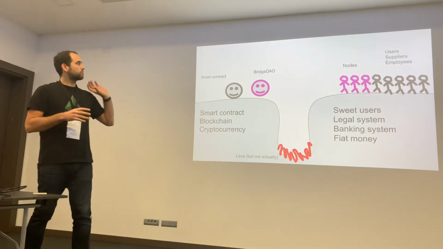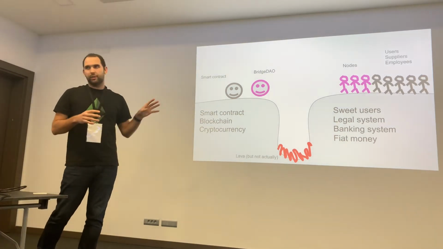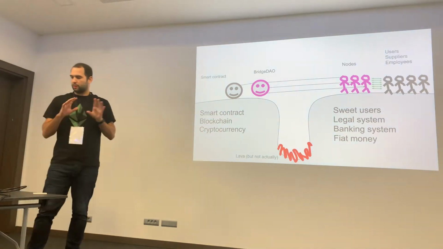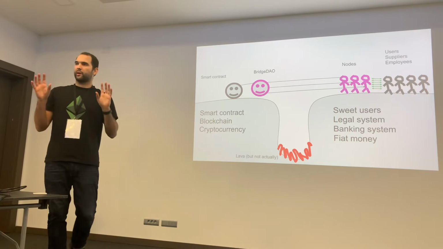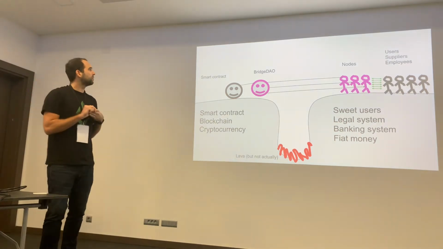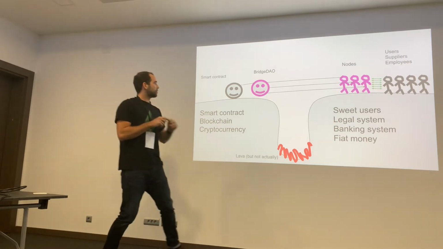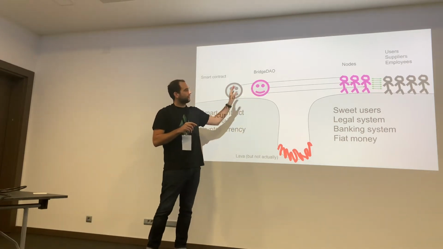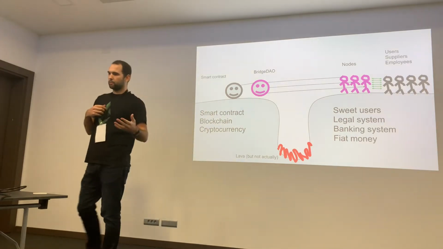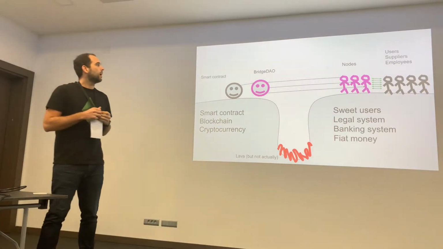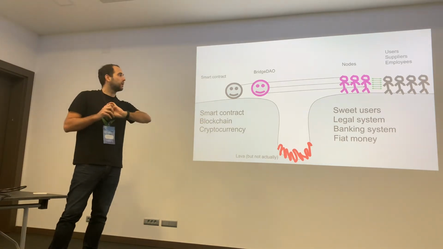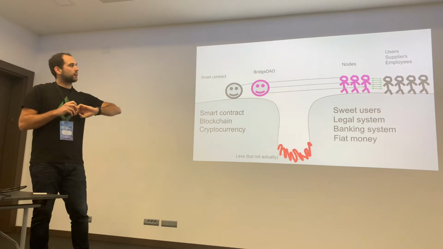So how does BridgeDAO work, and what are these nodes? Well, what we do is we use crypto-economic incentives and other tools to create this special smart contract that interacts with people on the other side, with physical people or companies, and binds them with our special system in order for them to interact on our behalf.